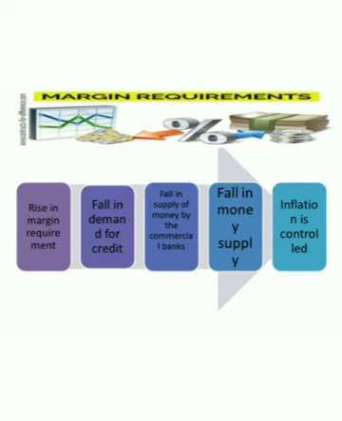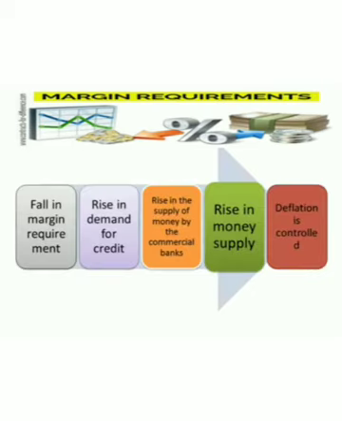inflation will be controlled. During deflation, the central bank will reduce the margin requirement so that people can ask for more loans because the gap between the loan amount and security amount is reduced. Now for an 80 lakh rupees loan amount, people have to keep only the security of 90 lakh.